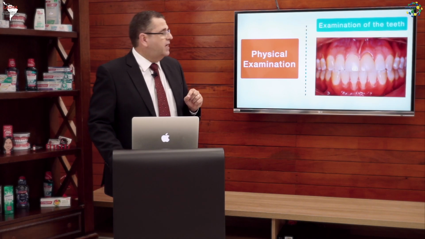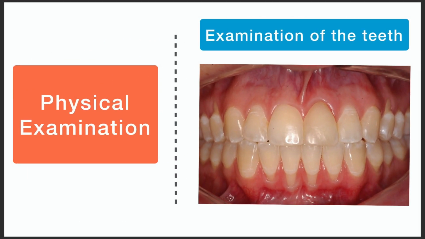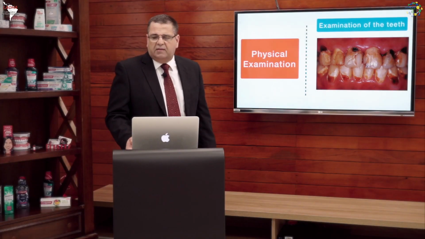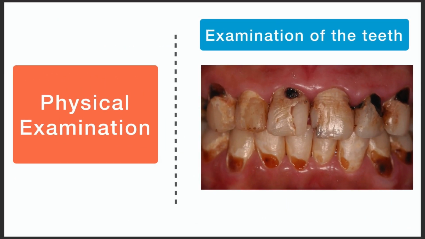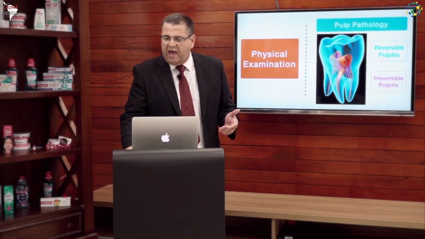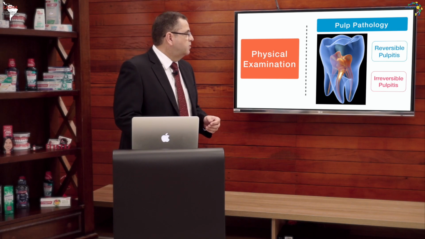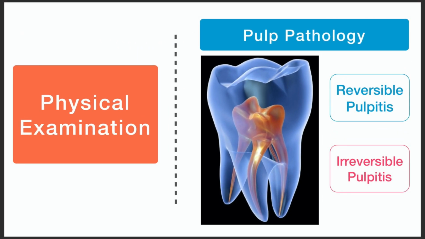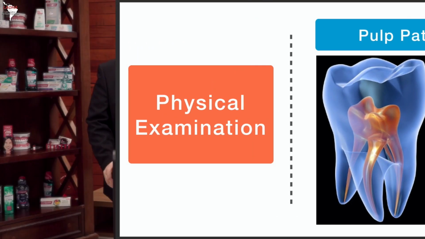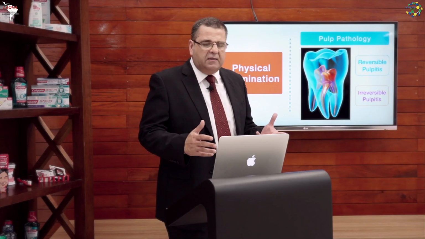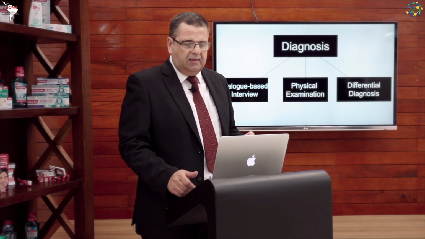We have also to take a look at the teeth to see the presence of recessions, to see eventual erosions of the teeth. We have to see the presence of dental caries and dental caries activity, and also to suspect the possibility that this individual would have a pulp pathology, either reversible or irreversible pulpitis, which is an important part of the differential diagnosis.